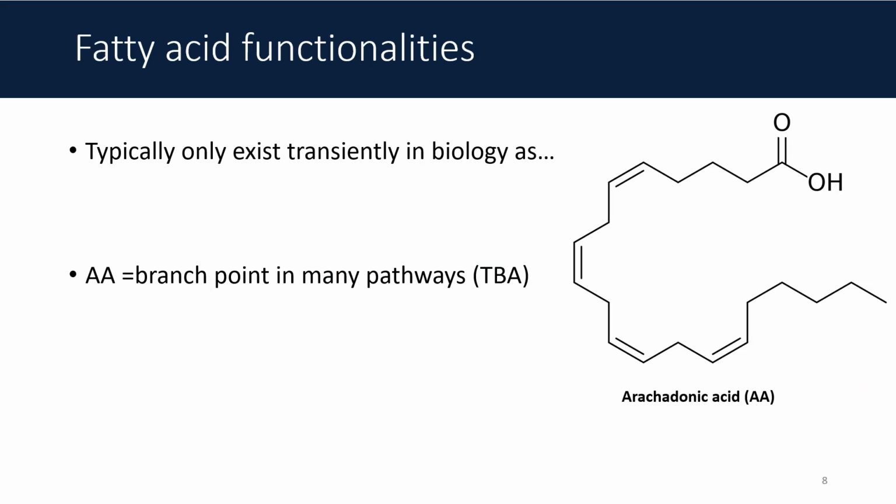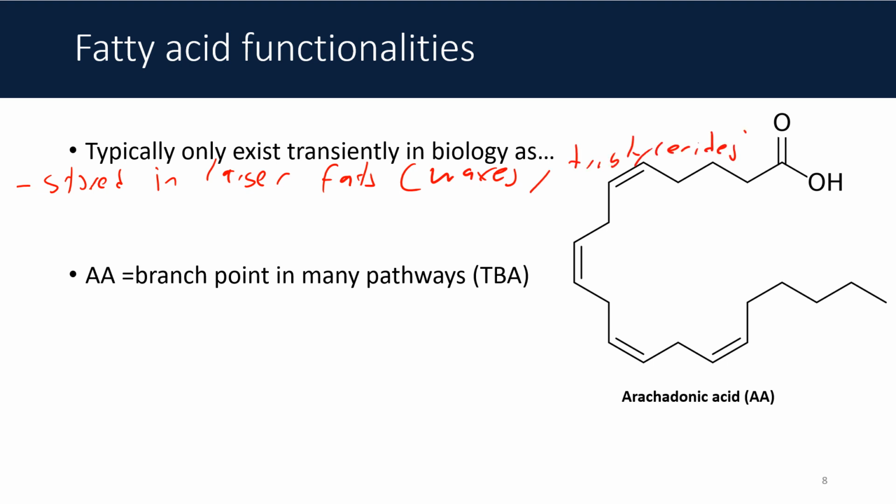You might be disappointed to learn that free fatty acids are not that common in biology. They're usually kept stored up in more complicated fats like waxes and triglycerides. That's really where you find fatty acids in nature.